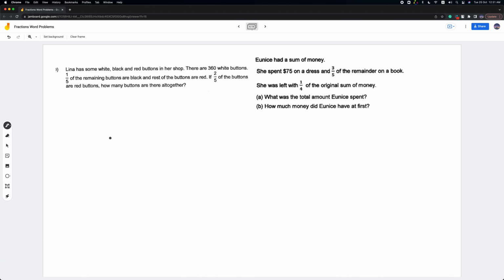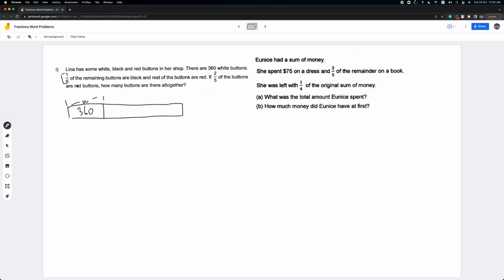So this is not a common type of fraction question, but it's good to learn how to do the model. So we'll draw the model and we'll mark 360 white buttons first. Same concept as before. Because we have remaining, we're going to forget about the remainder first. We're just going to mark here 360 white buttons.